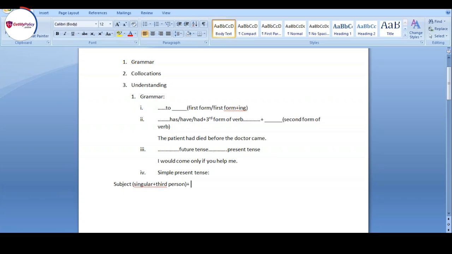Okay, the design of the building. Design is third person actually. It's not about me, you, it's about a third thing. Design of building, this is third person, and design is singular also. I was speaking the design of the building. Definitely now I need one form of verb with S or ES.